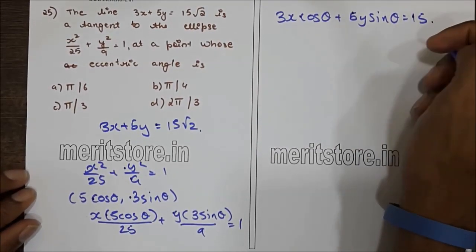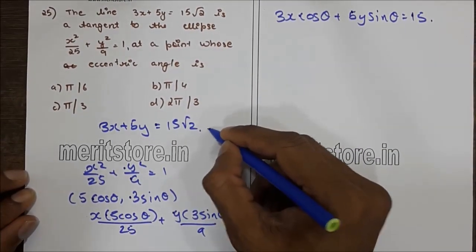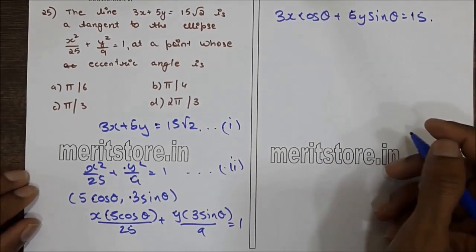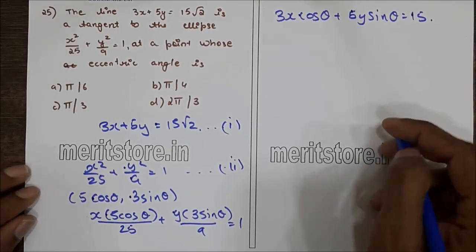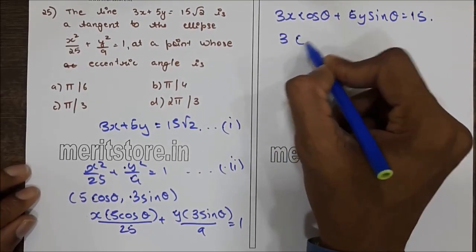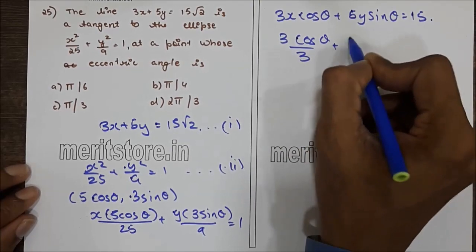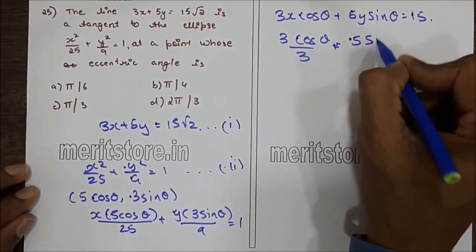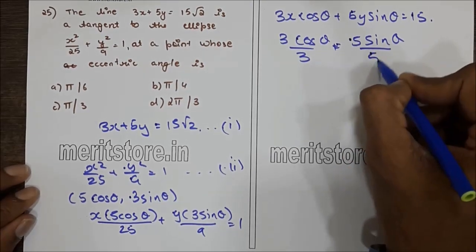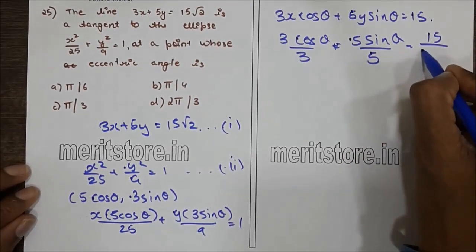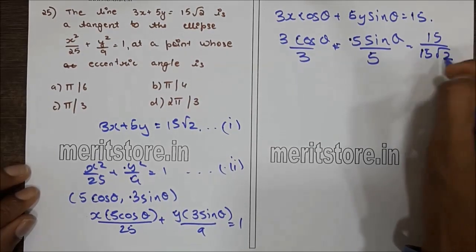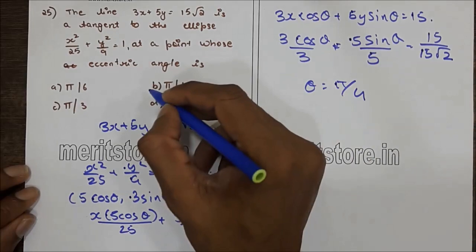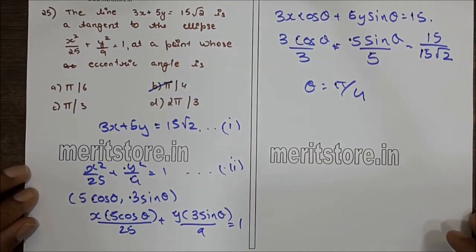We take this as equation 1 and this as equation 2. Comparing both, that is the coefficients of 1 and 2, we get 3 cos theta upon 3 equal to 5 sin theta upon 5 equal to 15 upon 15 root 2, where we get theta is equal to pi by 4, which is our option B. Therefore, option B is the correct answer.